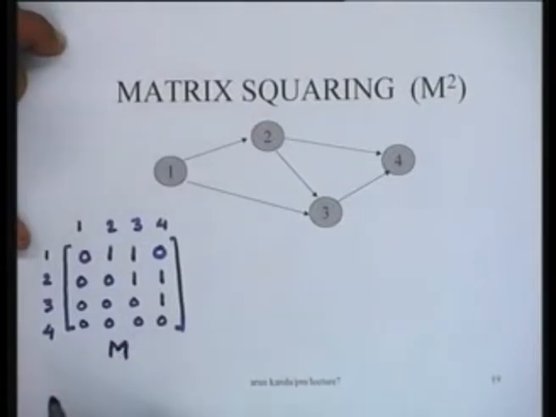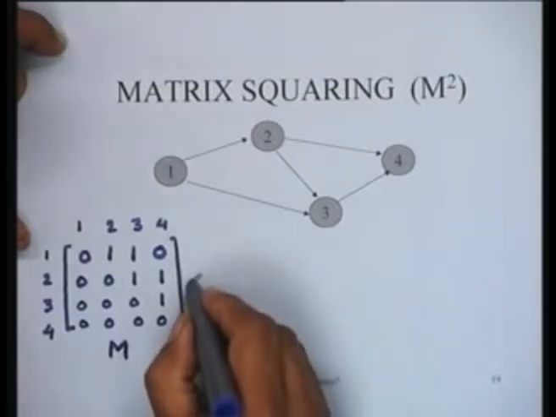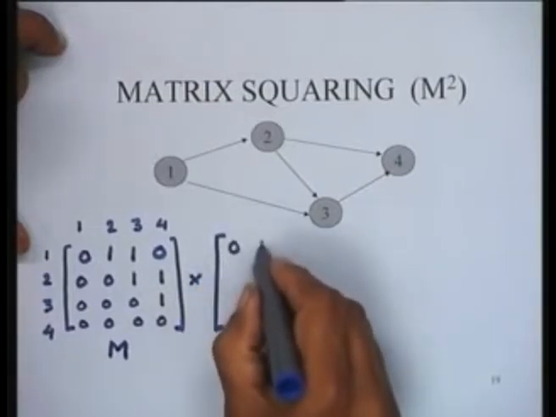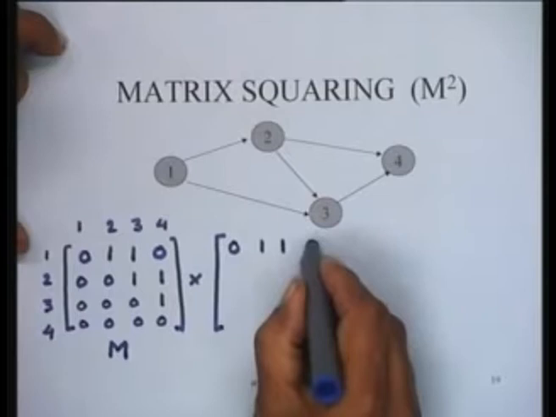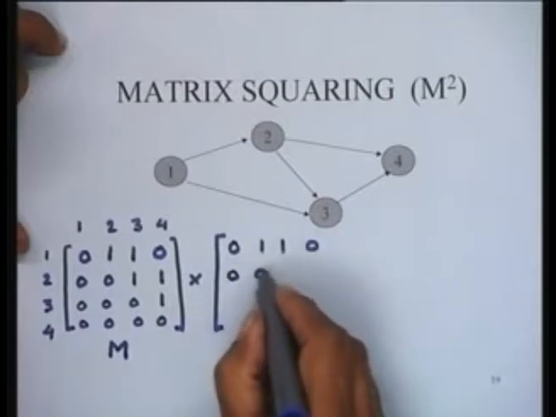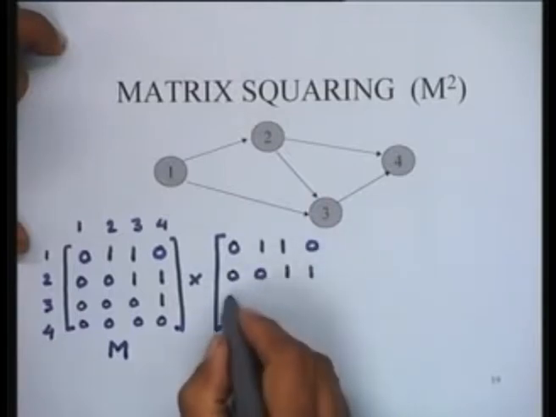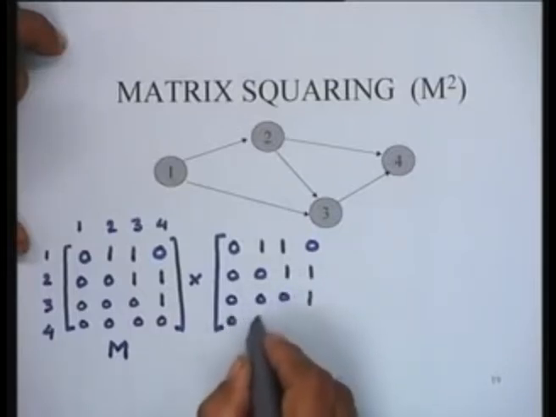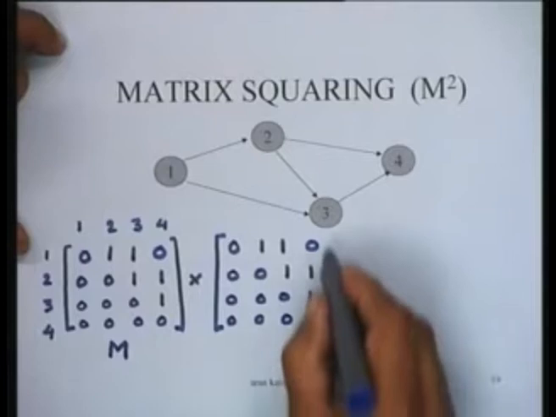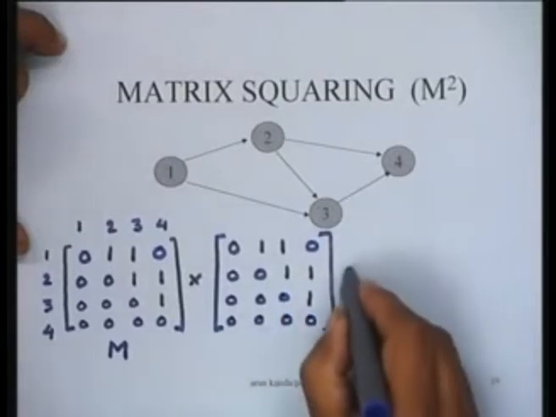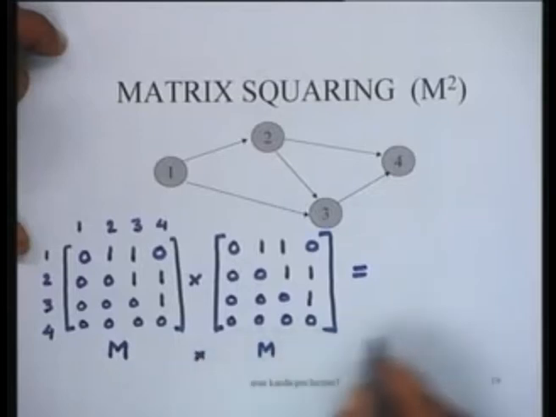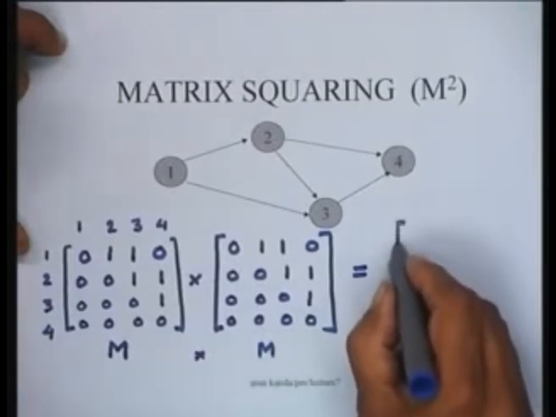This is M. Now suppose I was to multiply this matrix with itself. What would we get? M into M would give us M square.